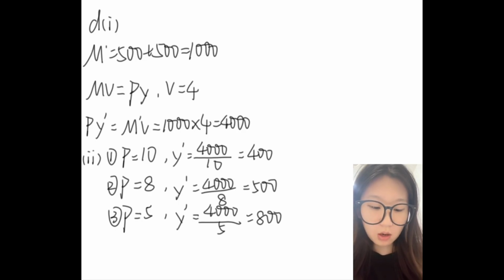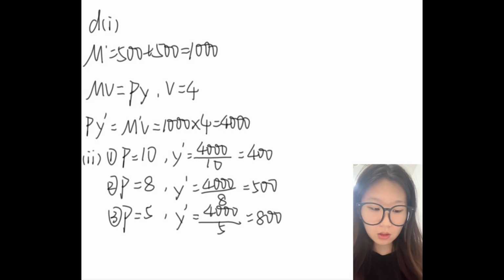The second part calculates the real income, which is divided into 3 cases based on the results obtained in question C.